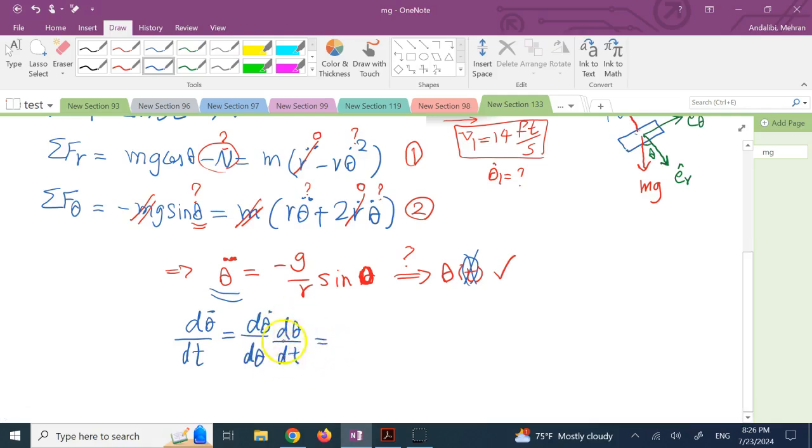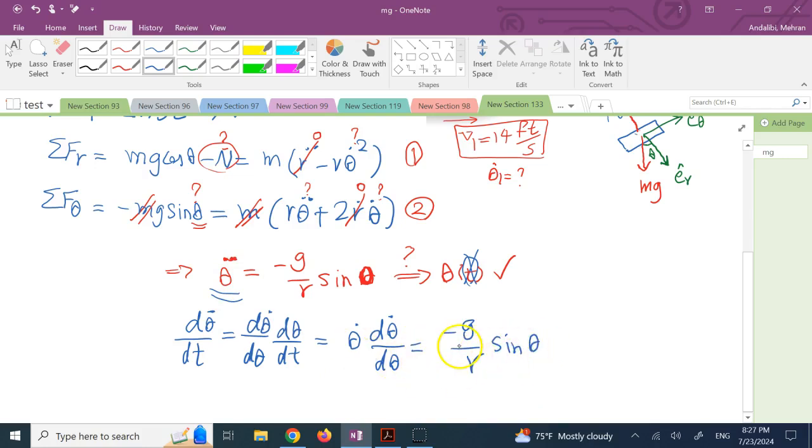And guess what? This second one is theta dot, so you write it as theta dot d theta dot over d theta. You see, you wrote your acceleration as omega d omega over d theta. There is no time in it, so this is the time independent version of theta double dot. Now this is equal to negative g over r times sine theta.